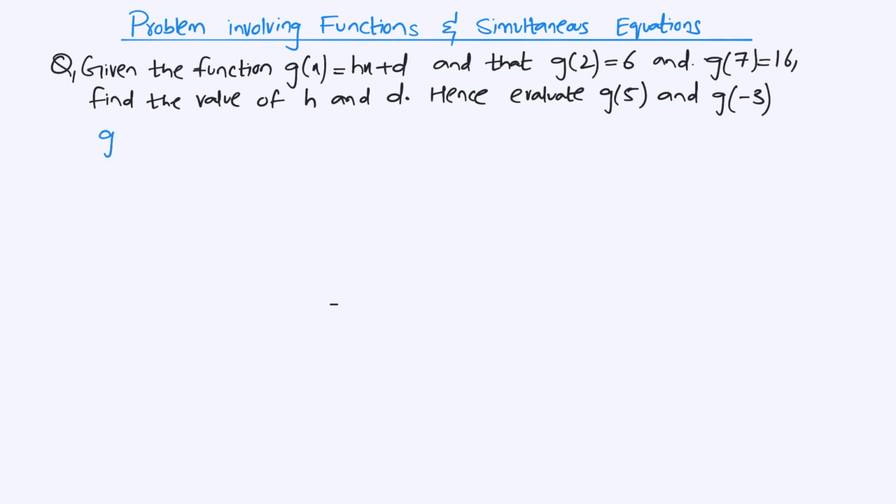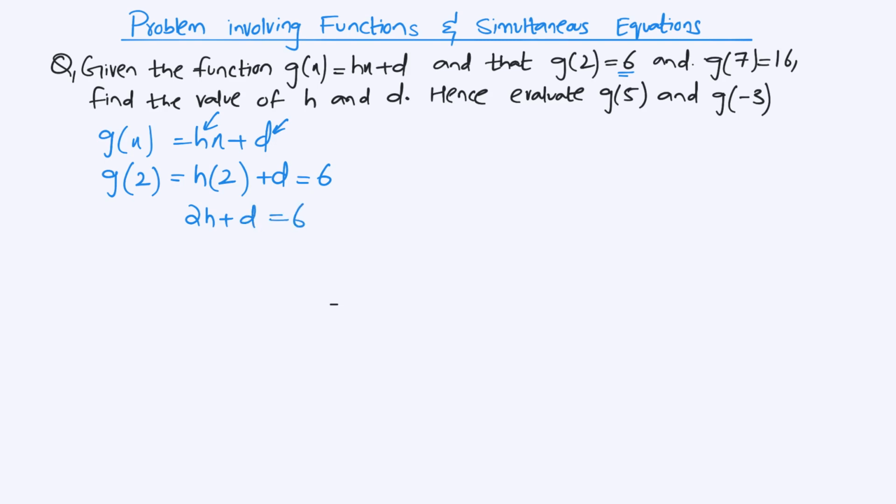Now we know that the function g of x is hx plus d, but I don't know the values of h and d that need to be found out. So I know that when I insert 2 as my input in this function, the expression would become h times 2 plus d, and all of this would be equal to what? 6. So the first equation that comes out is 2h plus d is equal to 6.